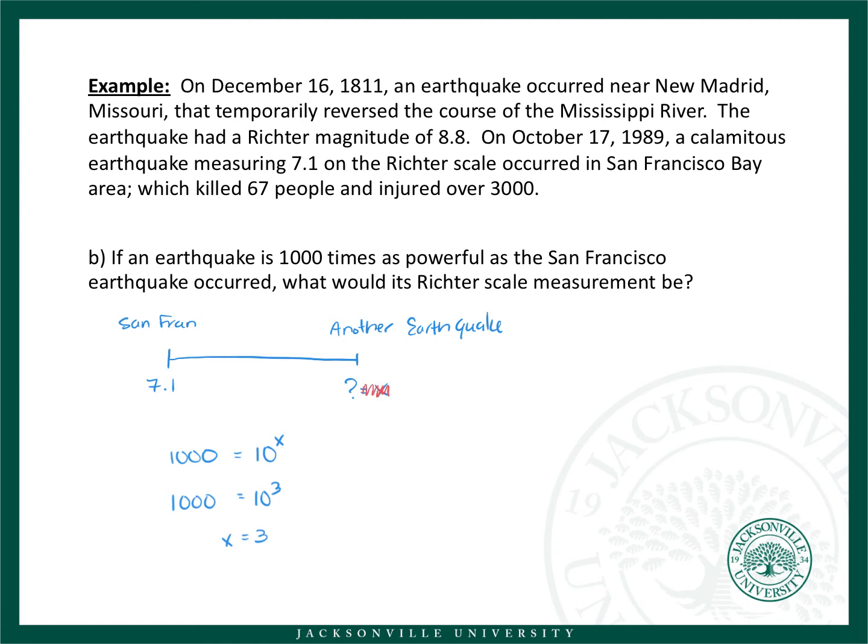To answer that, I would take 7.1 and add 3, because this earthquake is 1,000 times stronger, or 10 to the third power times stronger, which gives us a Richter scale reading of 10.1. So an earthquake with a magnitude of 10.1 is 1,000 times more severe than an earthquake with a magnitude of 7.1. Now let's take a look at one more example.